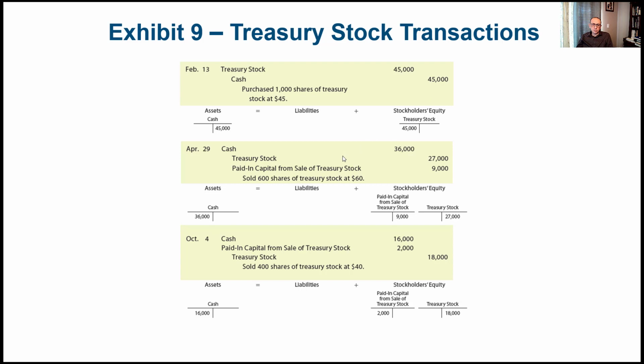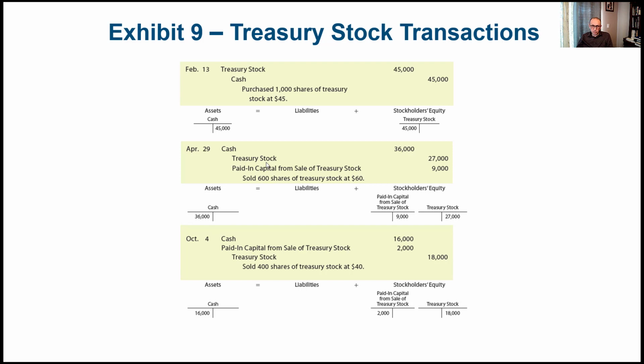When they sold the 600 shares at $60, the amount of cash received on April 29th would be 60 multiplied by 600, which is $36,000. Then we credit treasury stock for the 600 shares at 45, which is the cost, and that's what we apply in the cost method. Forget about the par value now.